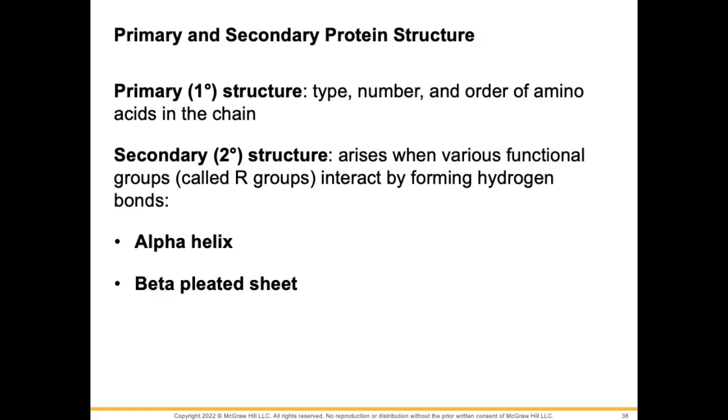A secondary structure would be one where I've linked a whole bunch of lines of crocheting strings together, and now I have a really light blanket, a very small throw. That would be a secondary structure. It's a little bit more complex than the primary structure, but it's still very basic.